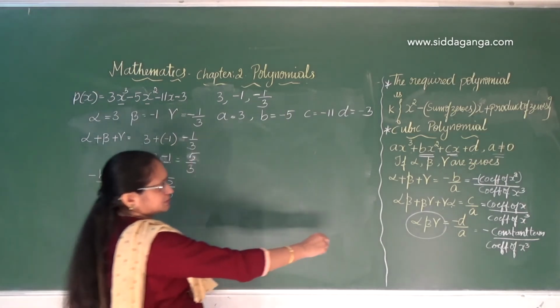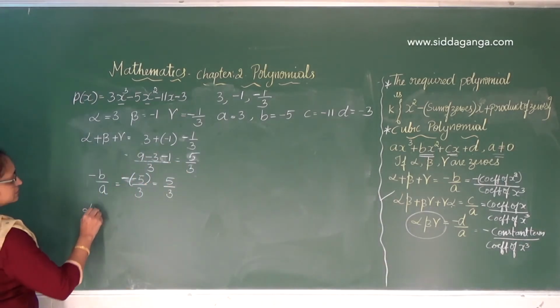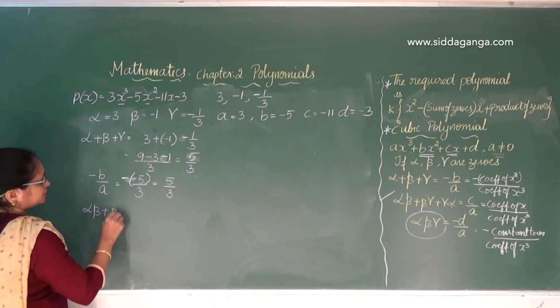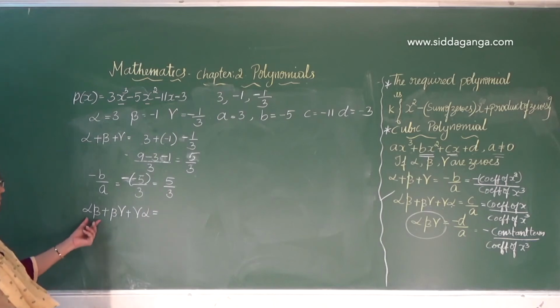Next we shall see this alpha beta plus beta gamma plus gamma alpha. So let us find out alpha beta.